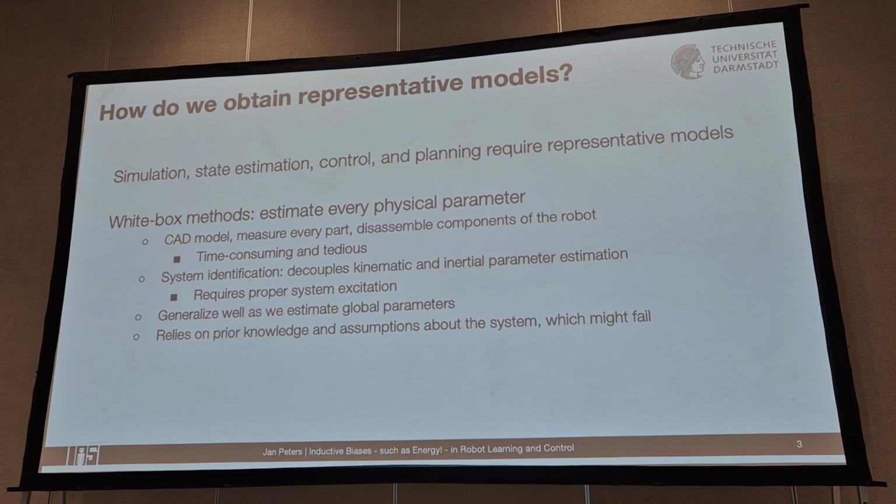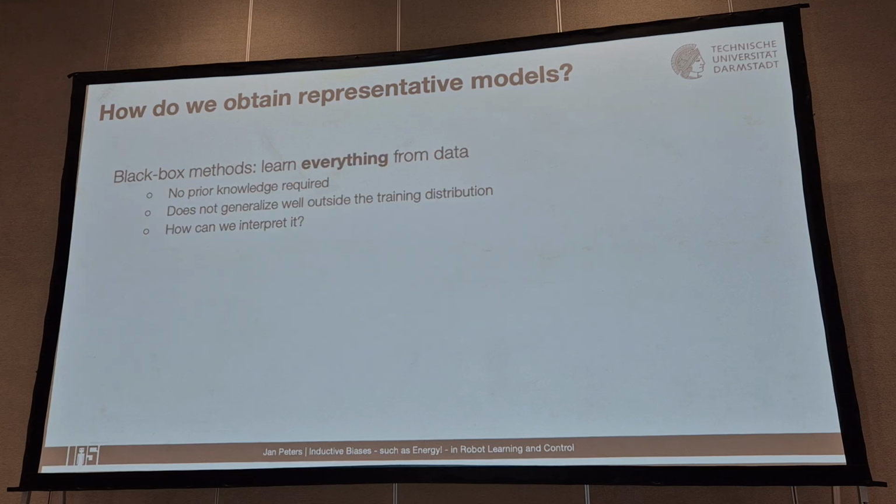It requires proper persistent excitation, since otherwise you will have an impoverished signal, and often we get physically implausible solutions that don't generalize that well. And we need all this prior knowledge about the system, which might fail. Now, the next thing, of course, has been proposed about as long as there have been neural networks around.